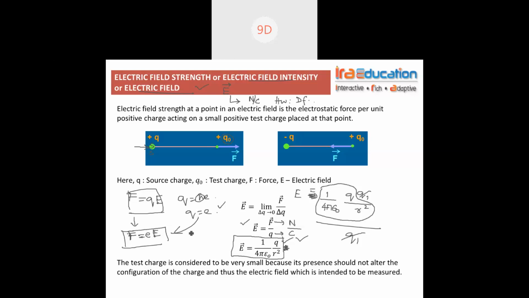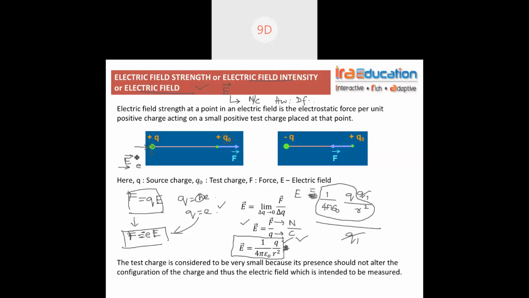Right? Clear? So now what we want to talk about over here is actually a negative charge should be there over here. Remember that electric field is opposite to the flow of electrons. That concept will be coming in current electricity. Electrons in one direction means electric field in another direction.